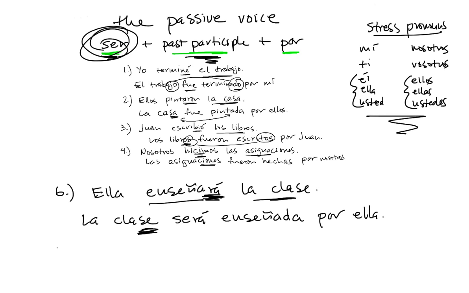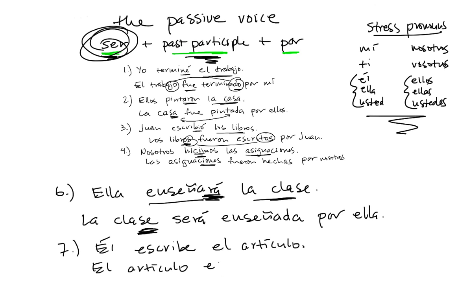This could also be the same if it were simply the present tense. Él escribe, whatever, el artículo. This is less common. He writes the article. The article is written by him. El artículo es escrito por él.